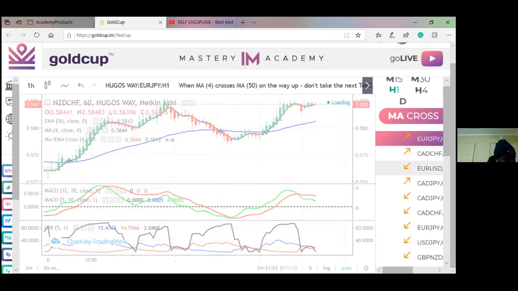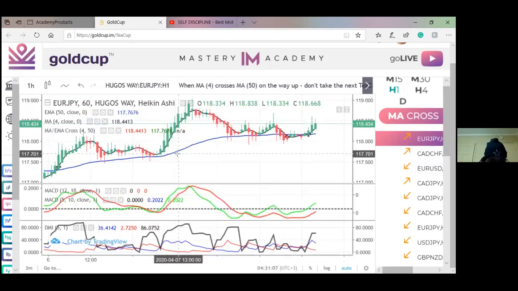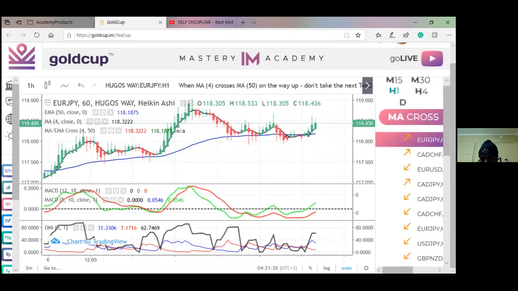Like he had said, you don't have to cross. You can find more setups. You can find more trades to enter. The MAs don't have to cross for you to take a trade. As long as you have a flat bottom or a flat top, you'll be able to take a trade.